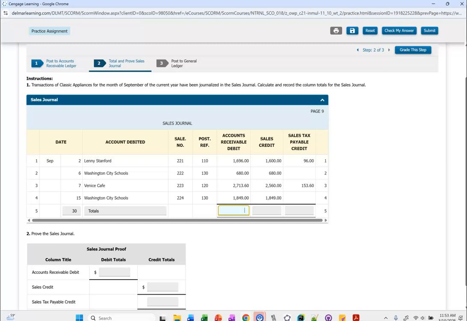Now I'm going to add down my accounts receivable debit column. 1,696 plus 680 plus 2,713.60 plus 1,849.60, and I get 6,938.60, I think. Anybody with their calculator should double check that.